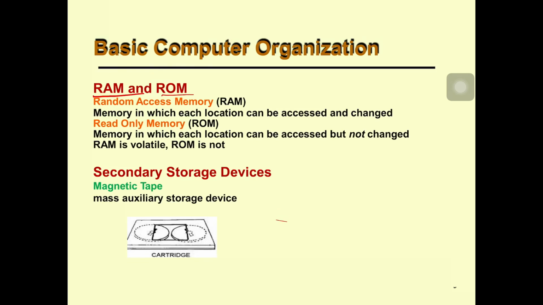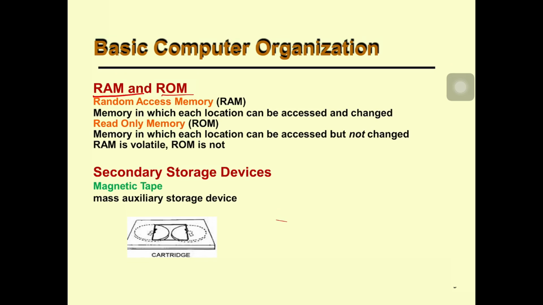RAM is random access memory, in which we can access the data from any location. The second is read only memory, in which we cannot access the data from any location. The location is fixed in it. RAM is volatile, whereas ROM is non-volatile memory. What is the difference between volatile and non-volatile memory?